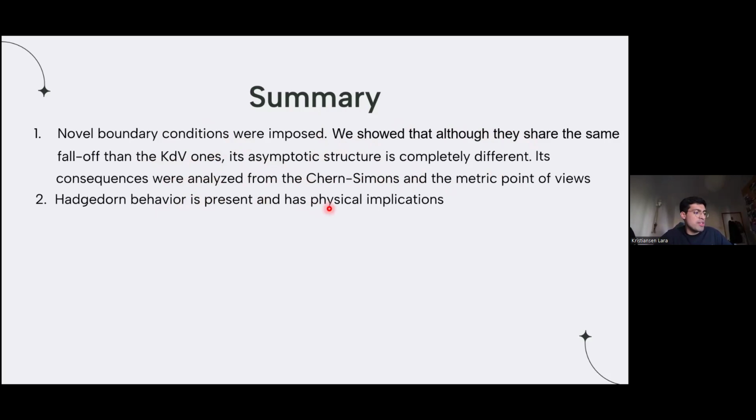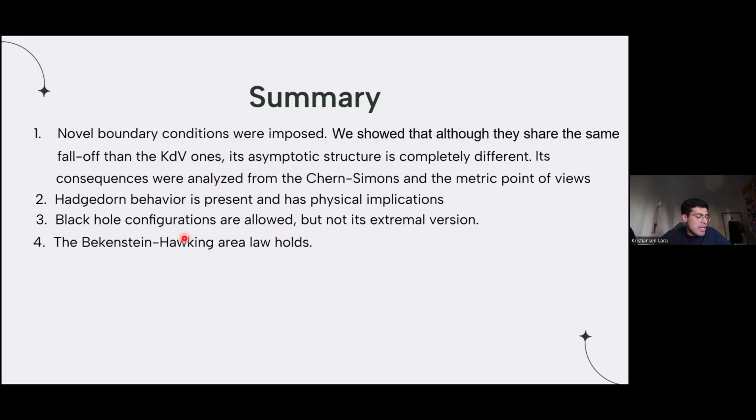Hagedorn behavior is present and has strong physical implications. Also, black hole configurations are allowed, but not their extremal version. I would like to emphasize that for KDB there is an extremal black hole, but here not. Also, the Bekenstein-Hawking area law holds and log corrections were calculated.